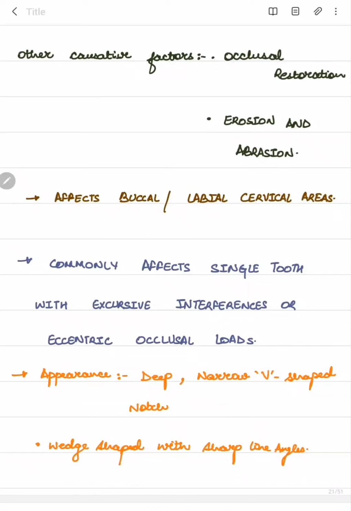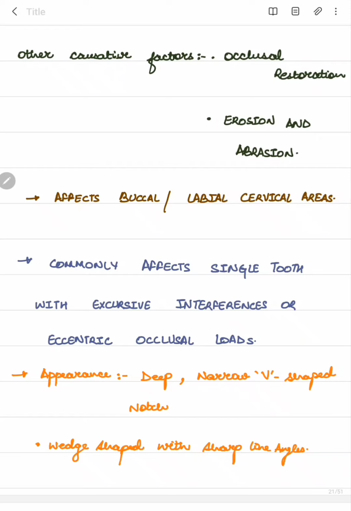So other causative factors of abfraction are: number one, occlusal restoration. So it is suggested that occlusal restoration may lead to weakening of the tooth structure. So the tooth will lose its ability to resist the stresses of occlusion basically. So it will lead to abfraction.